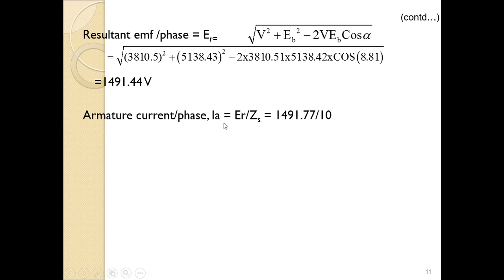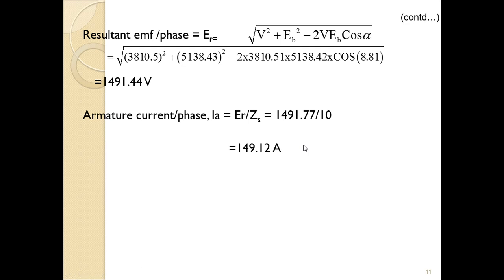So from this, IA is equal to ER by ZS. ER is the resultant EMF, and ZS is the synchronous reactance. So that is equal to 1491.77 divided by 10. So we will get 149.12 amps. This is the per phase value.